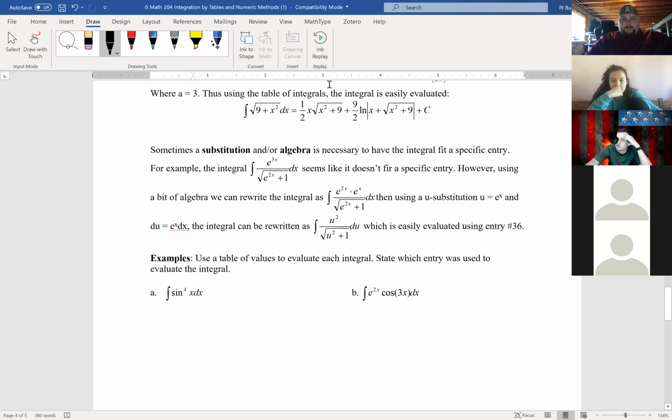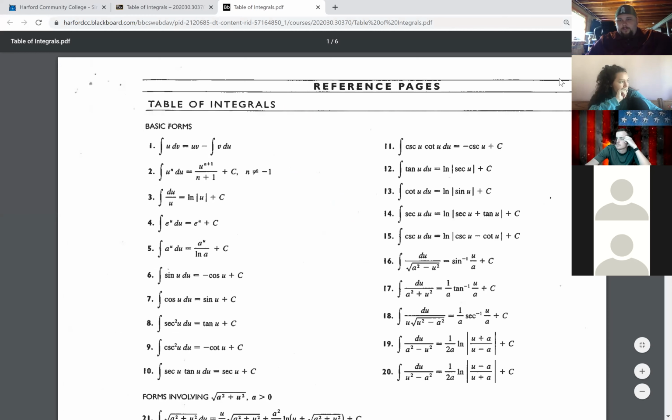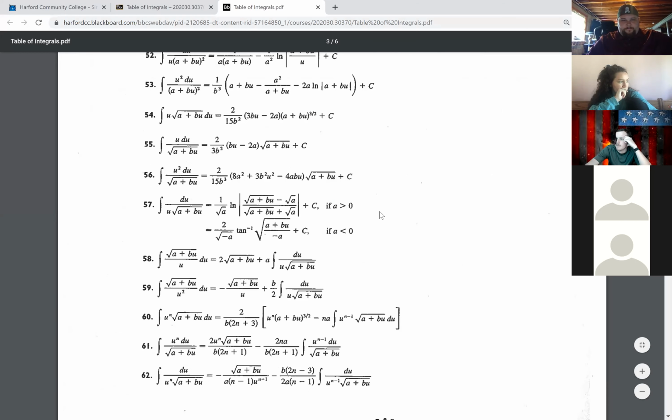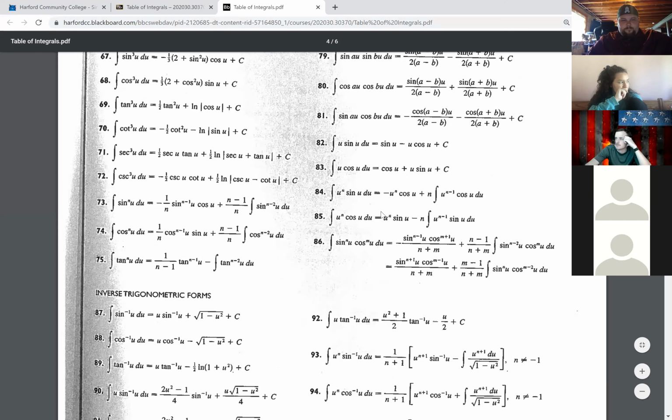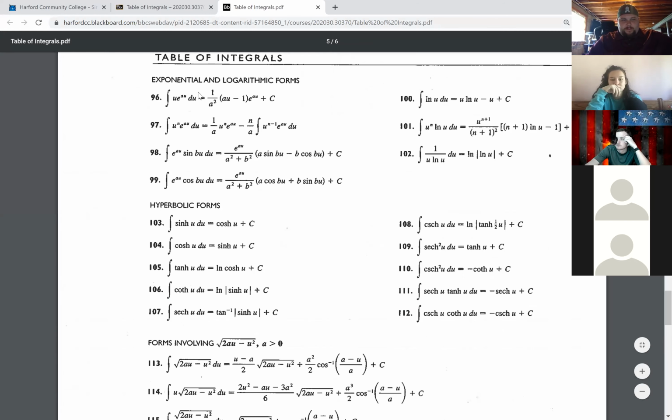So let me just go ahead and jump back to the table real fast. As I said, there's a section that says exponential forms. So let's find that. So here's our exponential forms.